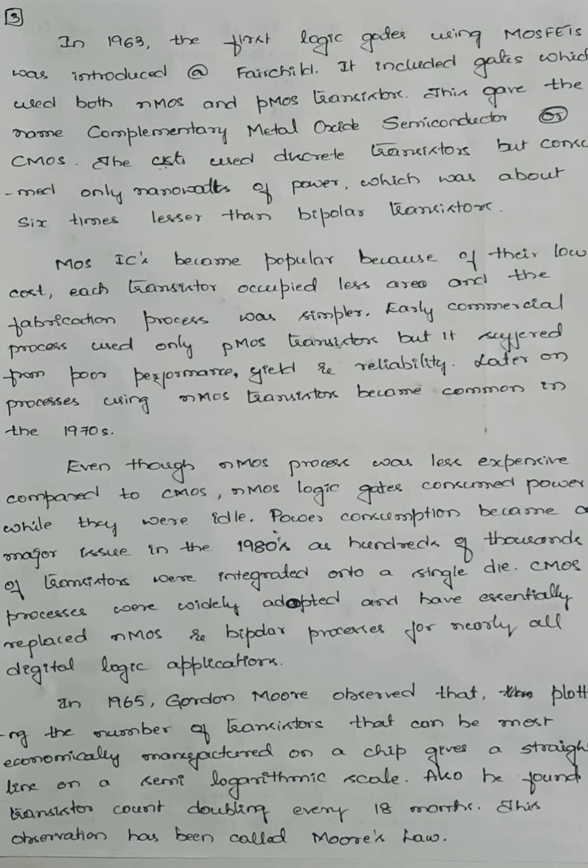In the figure, you can observe how the transistors in Intel processors have grown. This figure shows the number of transistors in Intel microprocessors has doubled every 26 months since the invention of the 4004, which is the first IC.